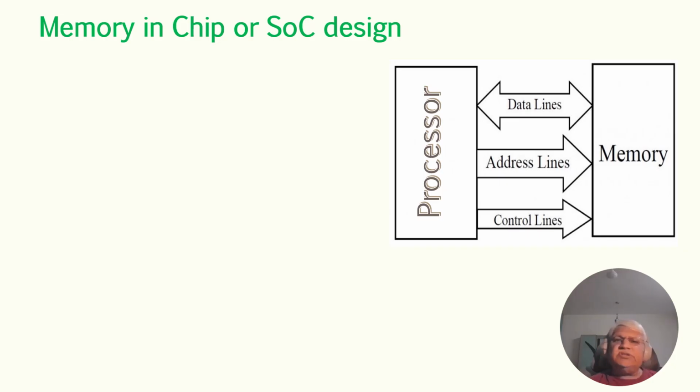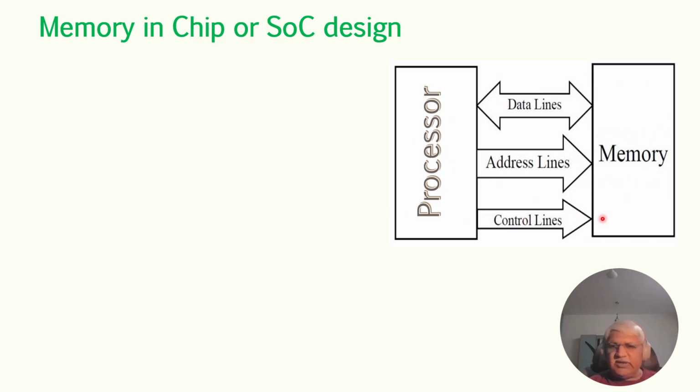The main channel for communication between processor and memory is these three buses. Between the processor and the memory, the control line will be initiated first, and then it will tell whether the data needs to be read from memory or written to memory.